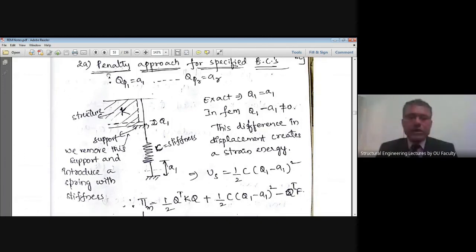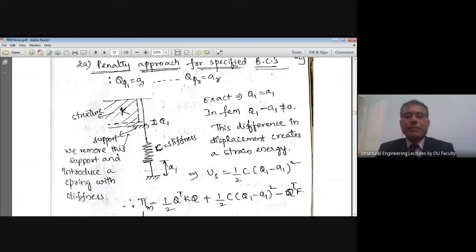It is already given that QP1 is equal to A1. Actually this is A1, but during modeling I'll get Q1 after the deformation of the structure. Hence there is a relative displacement.